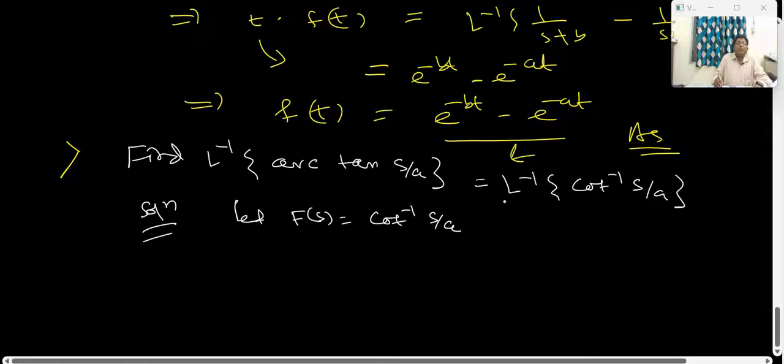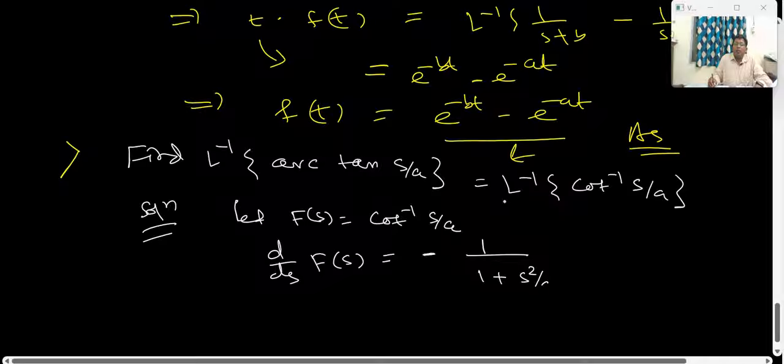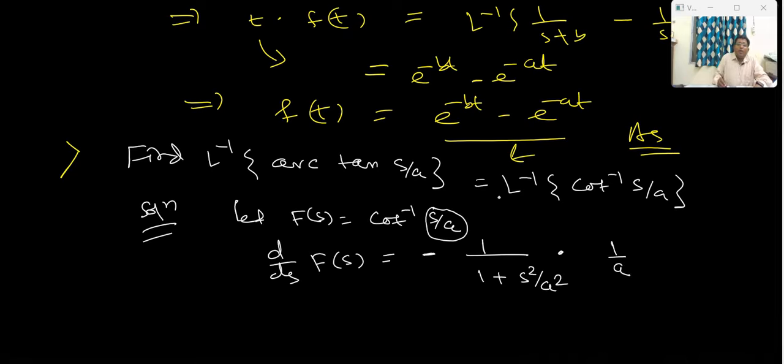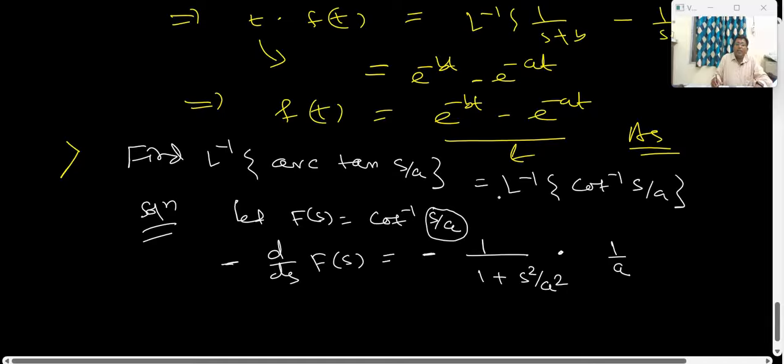Differentiate both sides. You know the derivative of tan inverse x is 1 by 1 plus x square. Here for cot it is minus 1 by (1 plus s square by a square), and by the chain rule the derivative of s by a is 1 by a. Now we need a negative sign, so we make it plus.